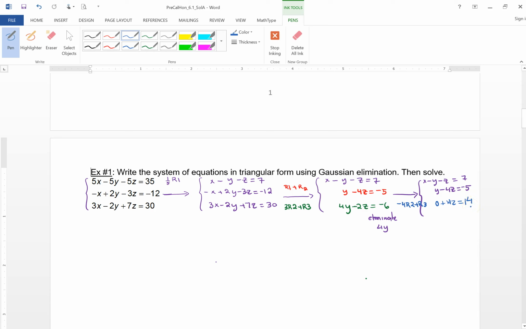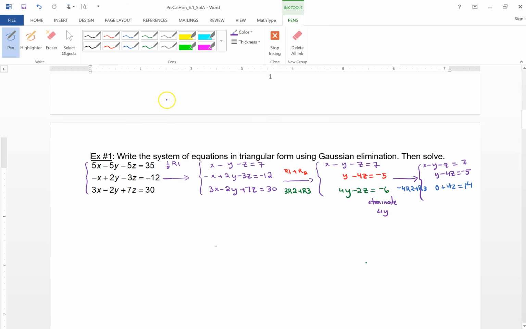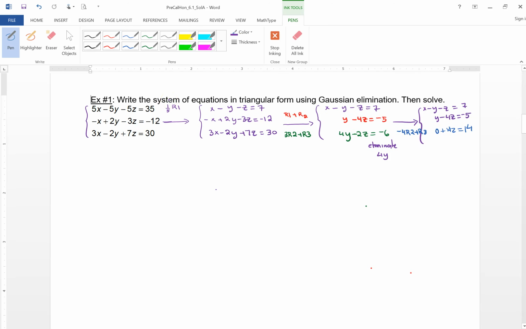So now let's just rewrite that. So x minus y minus z is equal to 7. y minus 4z is equal to negative 5.